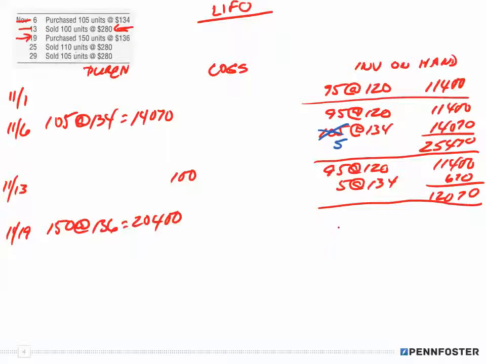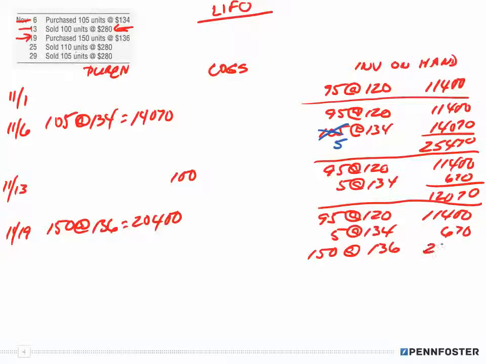Okay, so if I'm purchasing 150 more, now my inventory looks like this: 95 at 120 gives me 11,400. I have 5 at 134, that's 670. And now I have 150 at 136, which gives me 20,400. So the total value of my inventory is $32,470.